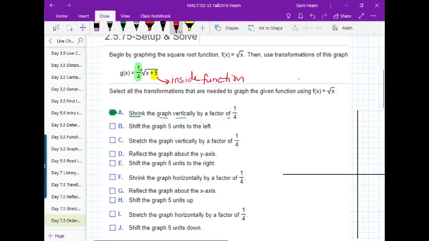Well, it's being added to the x, so it's affecting the x-coordinate. It's inside, it affects the x. And since it's inside, it does the opposite of what you would think, right? So what's actually going to happen is you're going to subtract 5 from each x-coordinate. What effect does that have on the graph? Well, when you have addition or subtraction, that's always a shift.